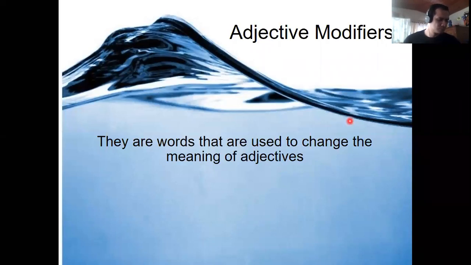Y si le ponemos el very al verbo, se convierte en una oración así. Ojo, Emma, no le puedes poner el very a un verbo, a un adjetivo. Mira lo que dice acá, adjectives. Claro, automáticamente, Manuel, te cambia el significado de la oración. Porque una cosa es que tú digas, yo salí a correr rápido, a decir, yo salí a correr muy rápido porque me iban a robar. It's an example, right? Cambia, no mucho, pero cambia en algo el significado del contexto y de la oración, right?